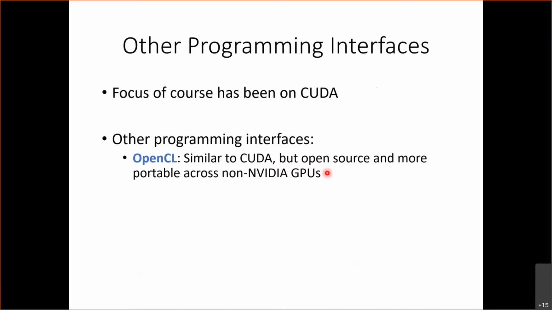However, if you're interested in having the same code run on NVIDIA GPUs as well as non-NVIDIA GPUs, OpenCL presents a more portable programming interface, whereas CUDA is very specific to NVIDIA GPUs. In fact, OpenCL code is not just portable across different GPUs, it's also portable across different devices.